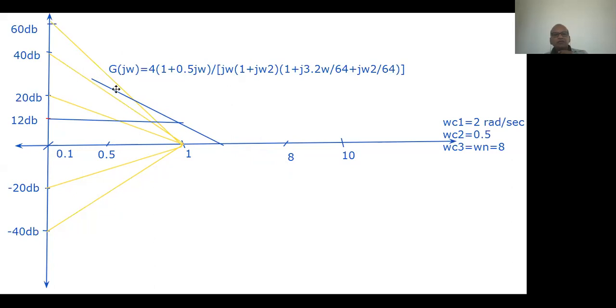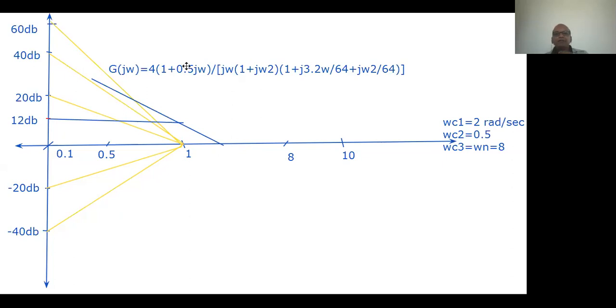The slope is equal to minus 20 dB per decade, passing through the magnitude at 20 log 4 to the base 10, equal to 12 dB. This is the passing. Okay.